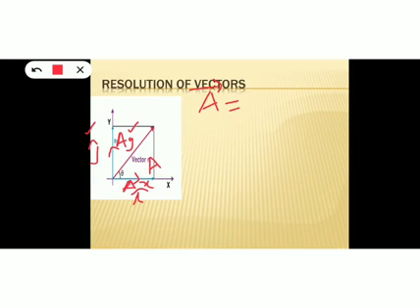Here vector A can be represented as ax into i cap plus ay into j cap. Okay, so vector A can be represented in terms of unit vectors i and j as shown here. Vector A is equal to ax into unit vector i cap plus ay into unit vector j cap.